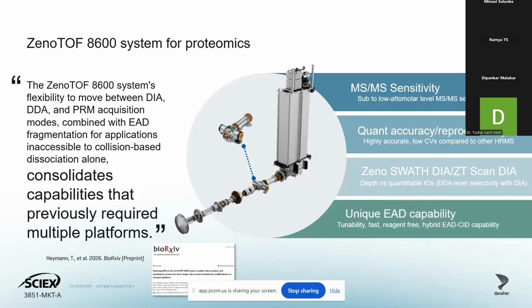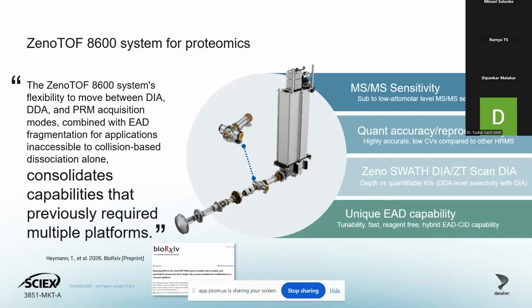And then we have sensitivity. Sub-low attomolar level MSMS sensitivity is achievable through this 8600 system. Not only MSMS, even MS sensitivity improves significantly compared to the lower model like the 7600. Then for quant accuracy and reproducibility, this system can offer around 5 orders of linear dynamic range.